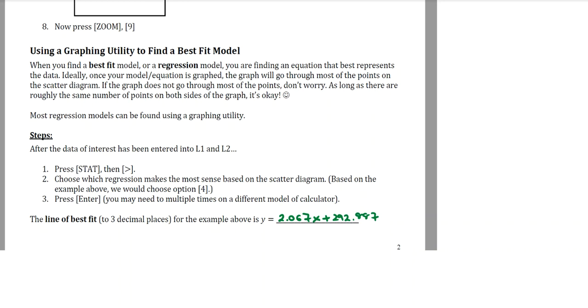the advertising expenditures. It turns out that the sales is a function of advertising, so what I'm going to do is just tweak the two variables x and y here. I'm going to replace y with S of A, meaning the sales is a function of advertising, and on the right hand side I'm going to write 2.067A plus 292.887.